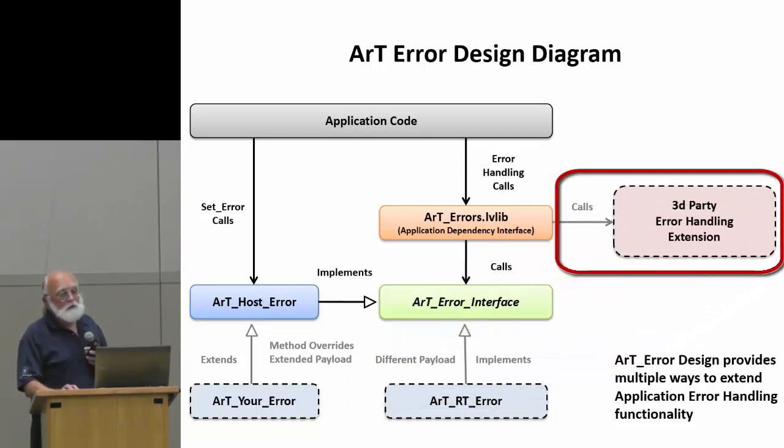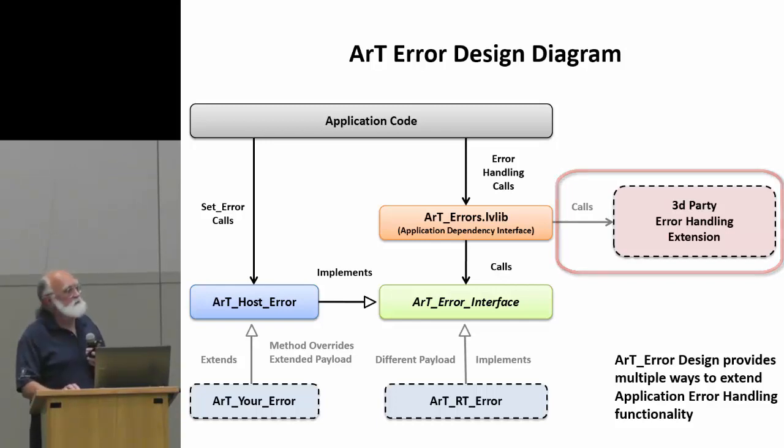And then there are third-party error handling extensions. They have nothing to do with my reusable code because they don't use this implementation. But you need to add code so that the hard error wrapper can properly parse the error payloads and return the required data to the application. So that's pretty much it.